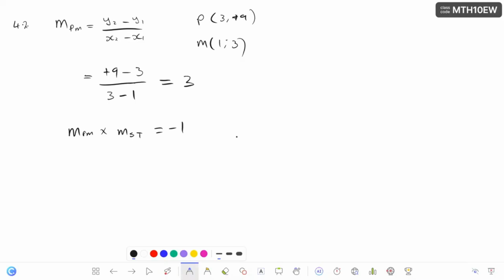Because PM is perpendicular to ST. So this one we know is 3 times gradient of ST is equal to negative 1. So when we divide, we find the gradient of ST to be negative 1/3.